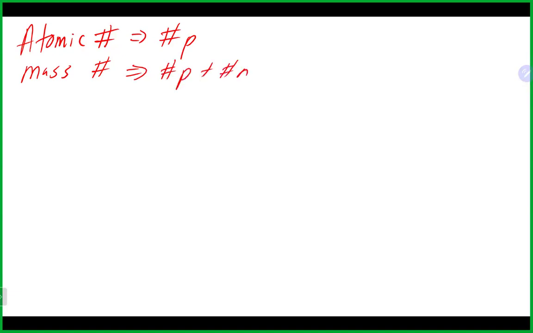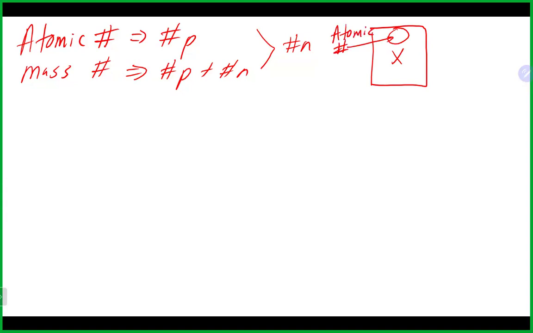Those numbers are important because you can use both the mass number and the atomic number to figure out how many neutrons there are in an atom. Again, you take the mass number minus the atomic number, and that gives you the number of neutrons.